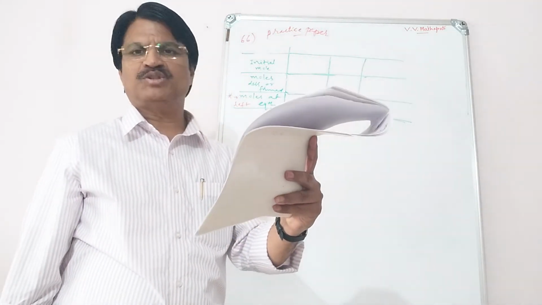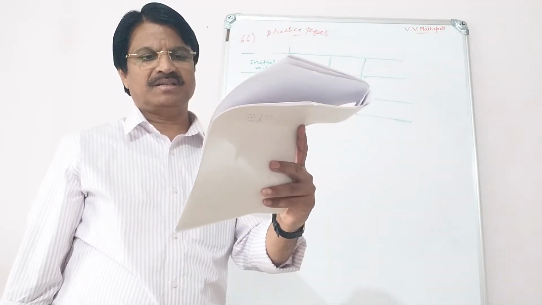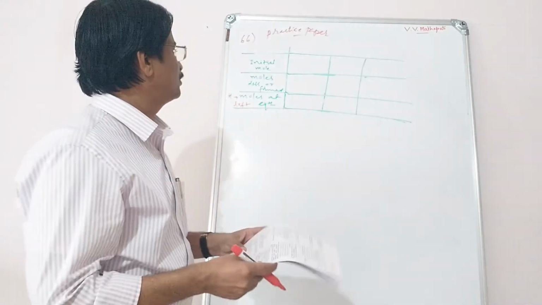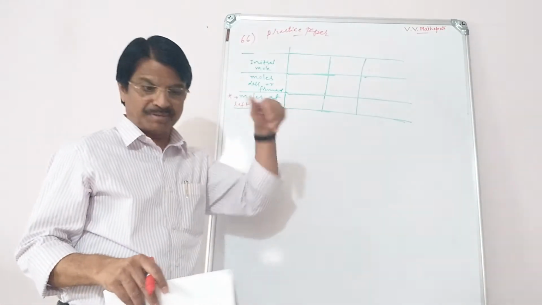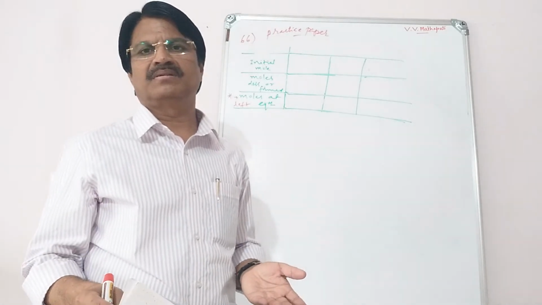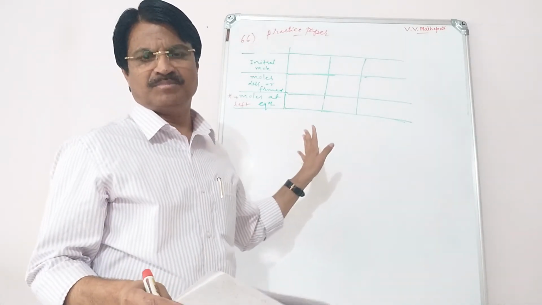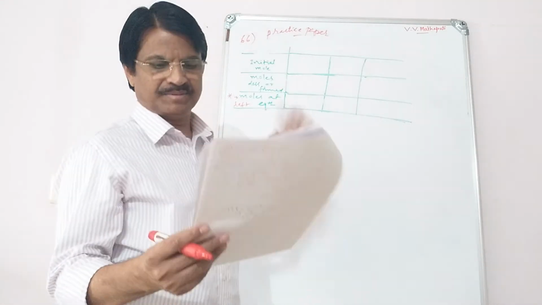And again, see the question given. At a certain temperature, the equilibrium constant K is given in the question. In previous problems, we calculated Kc, Kp, etc. But in this question, K is given.